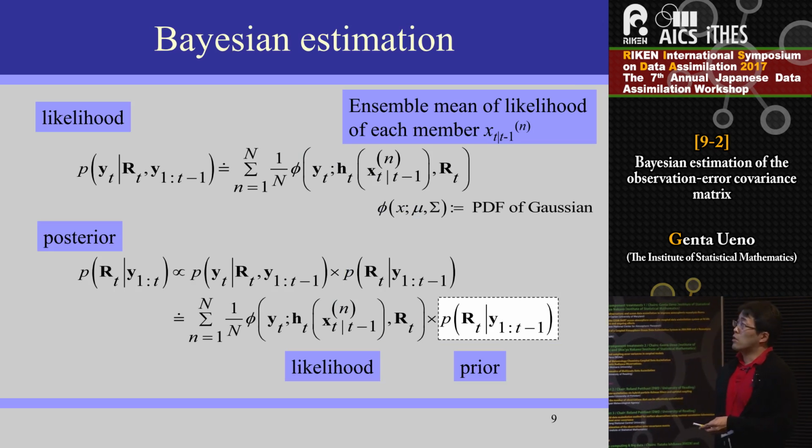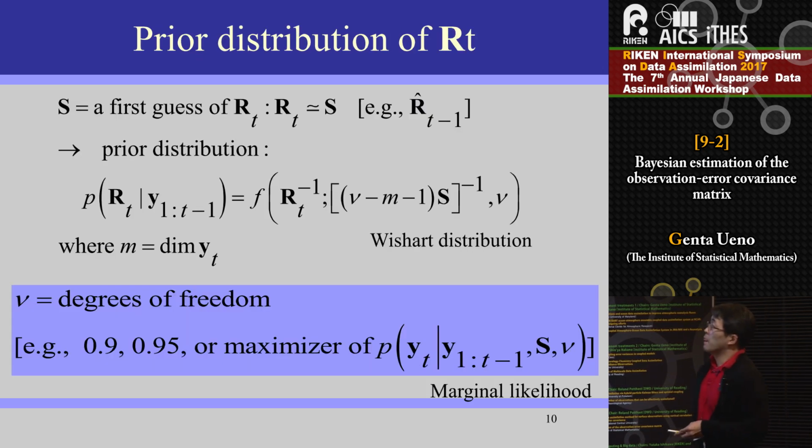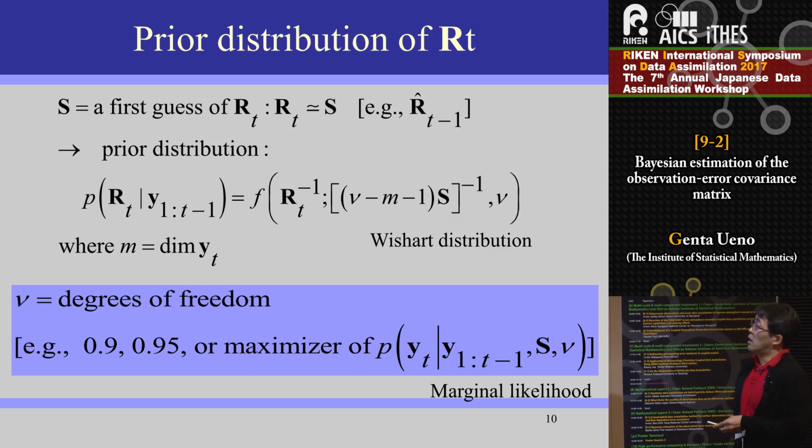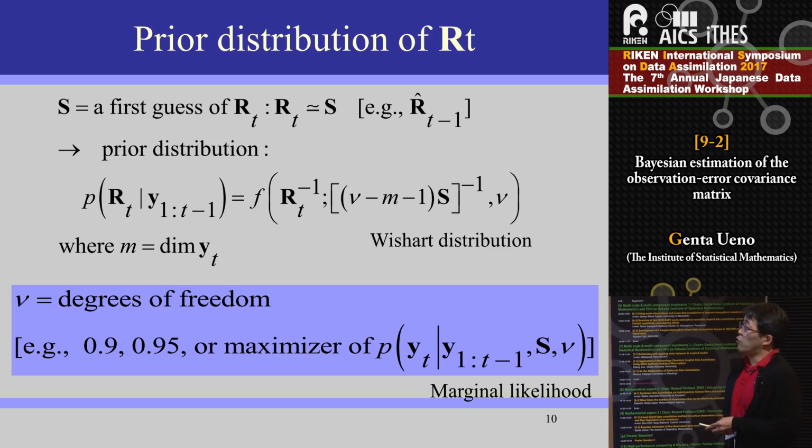Here I use the likelihood function, and then the estimate varies significantly with time. So I introduce the prior distribution to carry out Bayesian estimation. The Bayesian estimation maximizes the posterior distribution, using the product of the likelihood function and the prior distribution. For the prior distribution, I adopt the Wishart distribution.